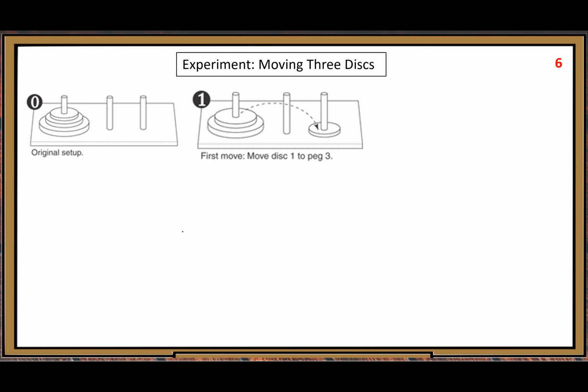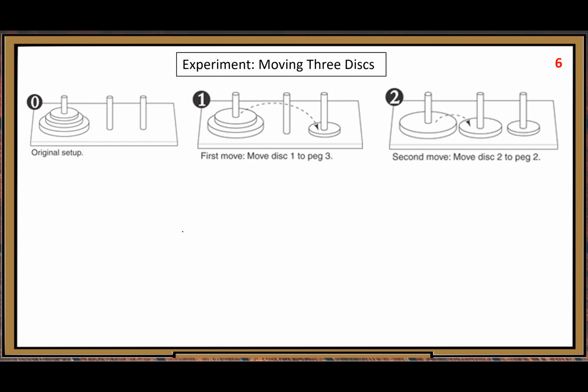Then our next move, the middle disk, we can only place it on peg 2. We cannot place it on peg 3. So our next move must be like this.